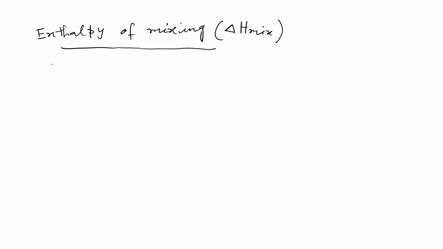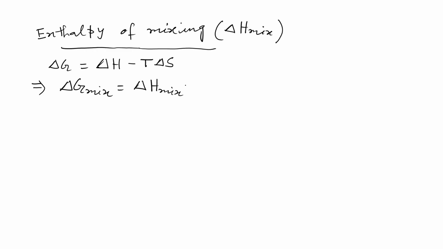We know that delta G is equal to delta H minus T delta S. So delta G mixing is equal to delta H mixing minus T delta S mixing.